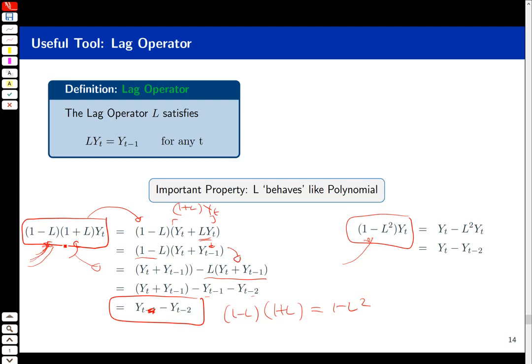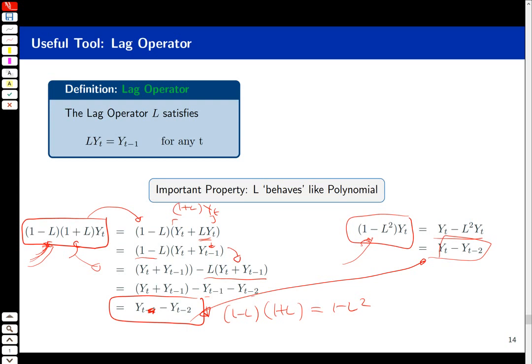We could lag back twice. Apply the operation twice. Well, this is just L of y_t, which is just y_{t-1} from above, which is just y_{t-2}. As we'd expect, we've lagged it back twice.